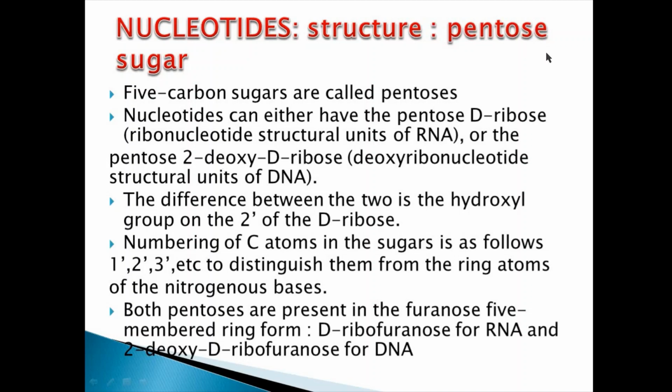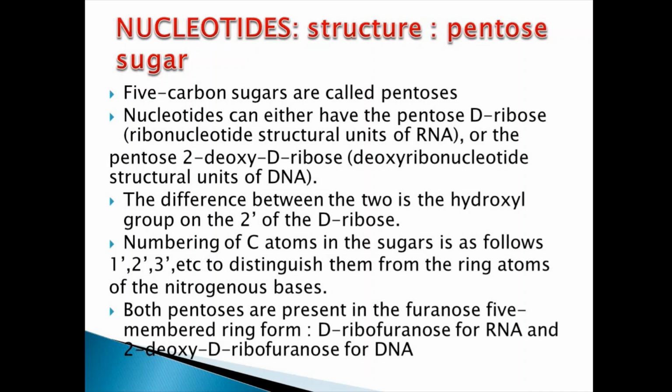The difference between a ribose sugar and a deoxyribose sugar is that a ribose sugar has an OH on carbon number 2 and a deoxyribose sugar doesn't have an OH on carbon number 2. Let me repeat that because it is a very important point. A ribose sugar has an OH on carbon number 2, whilst a deoxyribose sugar does not.